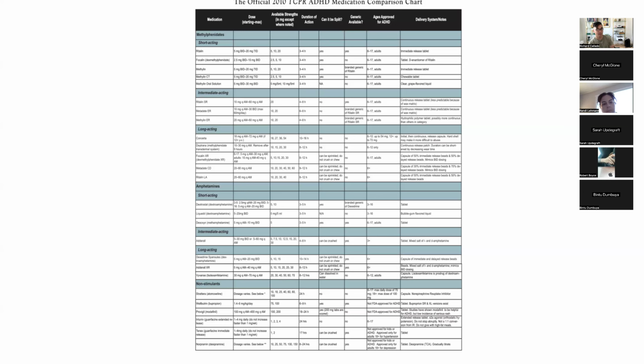All right. Know that the alpha 2 agonists that are FDA approved for ADHD are the ER releases. So it will be Intuniv for guanfacine and Kapvay for clonidine. I think that was a mistake that they put in that chart. But just know that it's the extended release versions, all right? You can give IR, and there are some studies that show it does work, but if you want to be evidence-based, do the ER.